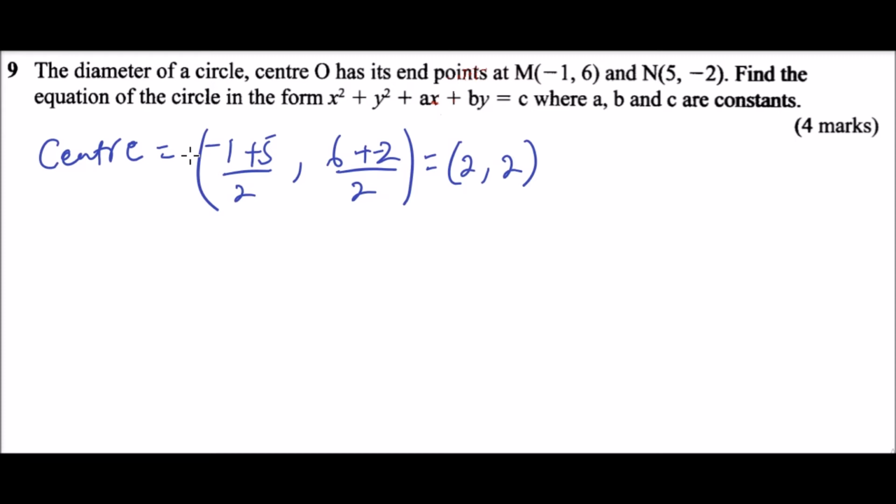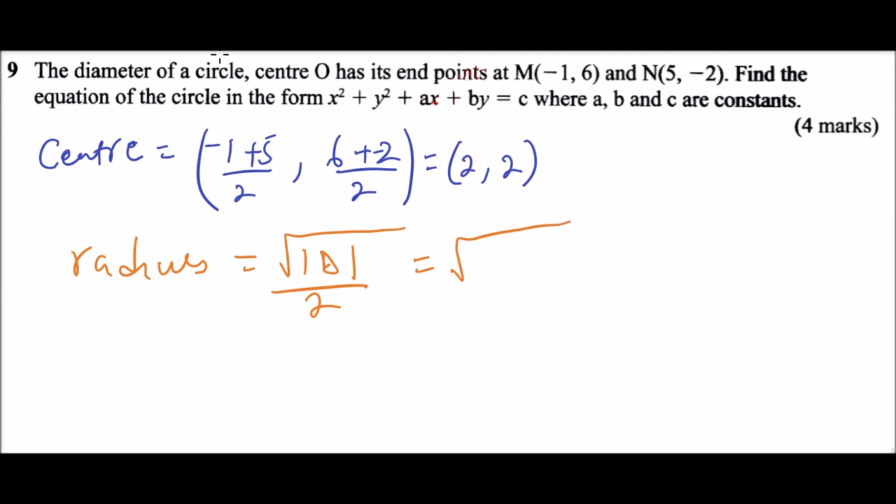That is the center, we need to find the radius, and to get the radius, it is half the diameter. So we say radius is equal to the magnitude of the diameter, that is d, divided by 2. To get d, we say the square root of minus 1 minus 5, squared.